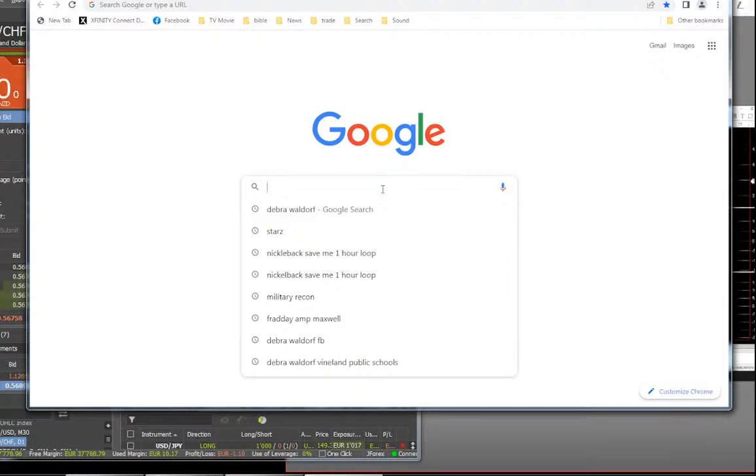Escape. Let's go to there. I honestly need to pay attention sometimes to which keyboard I'm hitting.